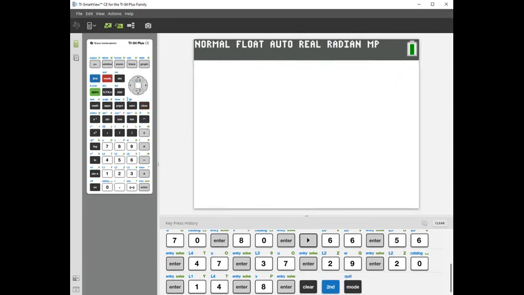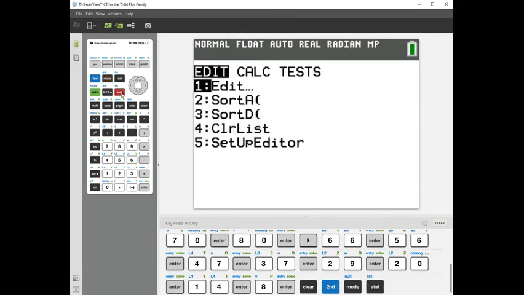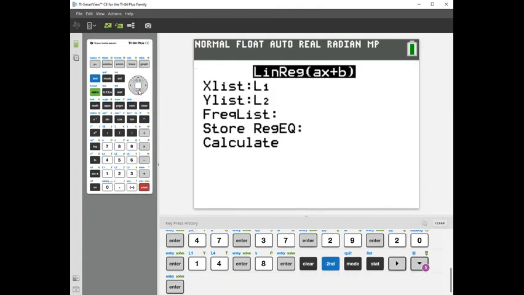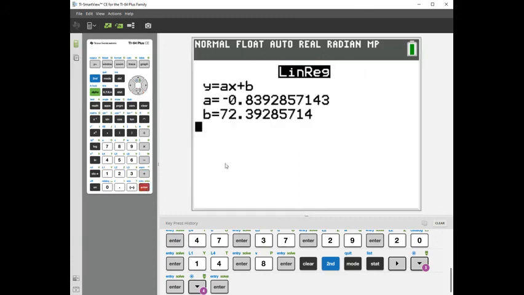Now that we've got all those values listed, I'm going to go to second, quit to clear out that screen. Now we're going to go find our linear regression equation. Go back to your stat button, go over to calc, and down to lin reg ax plus b, and this is number 4. You'll click enter, go all the way down to where it says calculate, and click enter again.